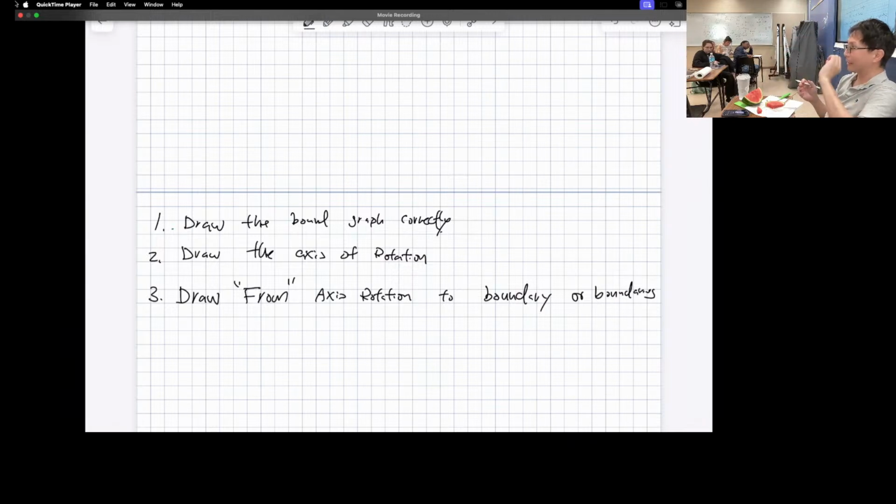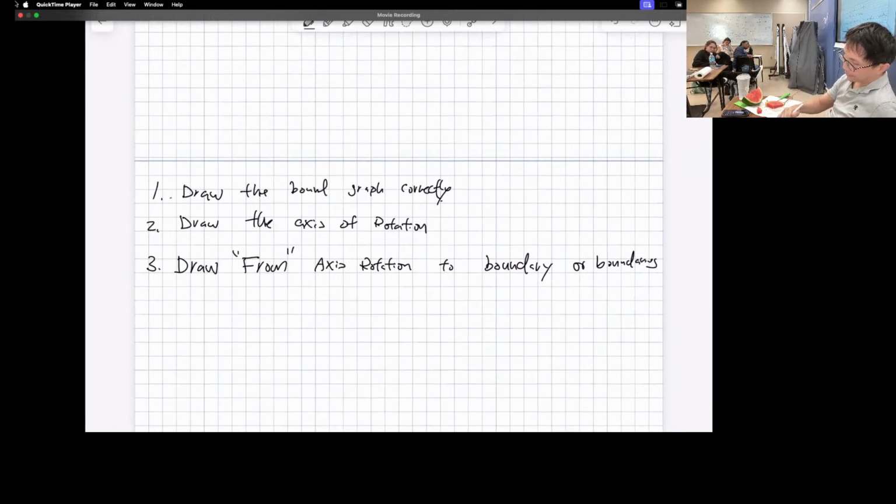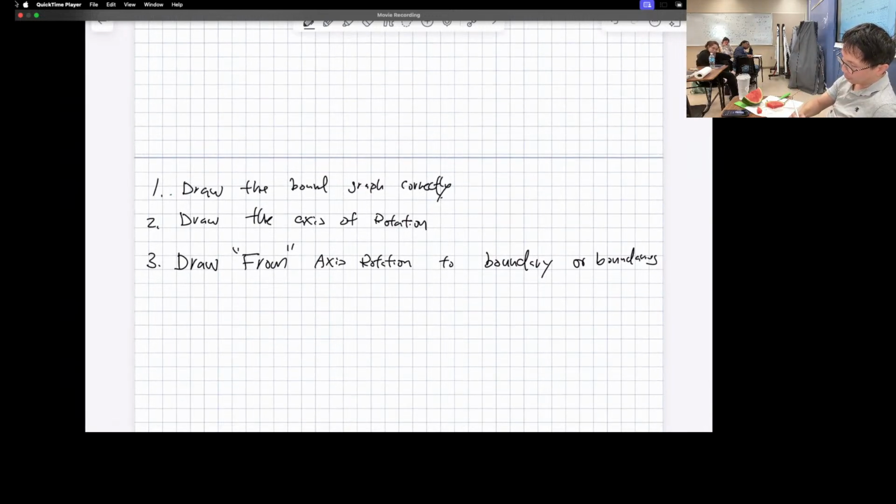The axis doesn't count as a boundary, by the way. Sometimes the axis counts, sometimes the axis doesn't. But just the boundary, you can see the bounded graph, you can see the boundary. Okay, so if you have one boundary, that means this is a disk.